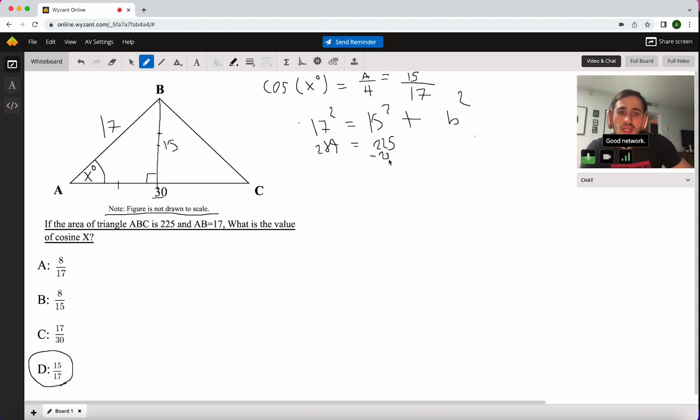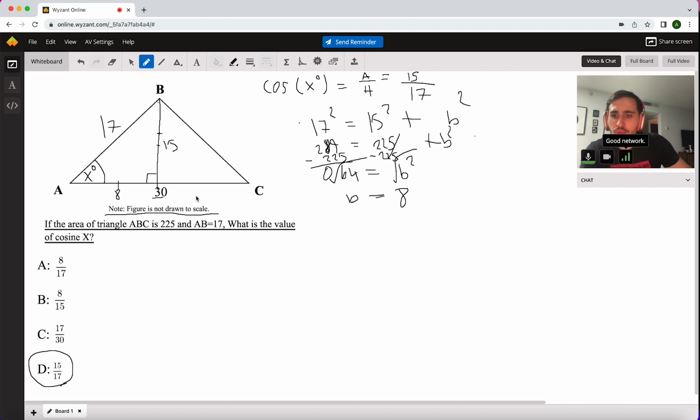We subtract 225 from both sides and bring down the b squared. 289 minus 225 is 64, so 64 is equal to b squared. If we square root both sides, we get b is equal to 8. So that means that this right here is 8.